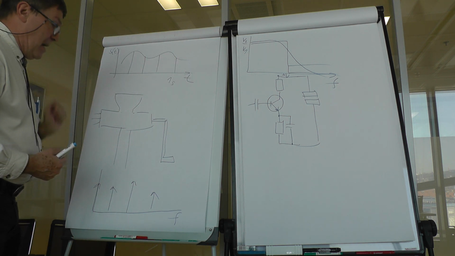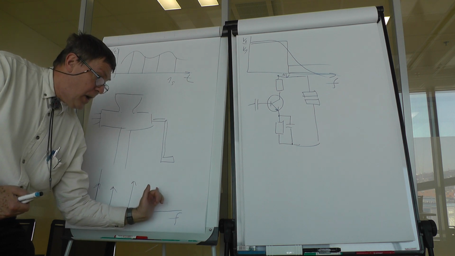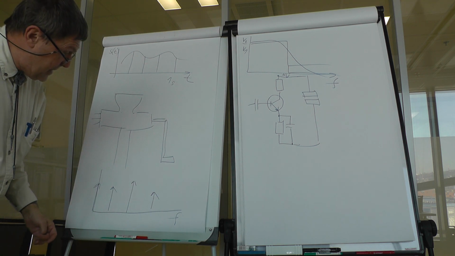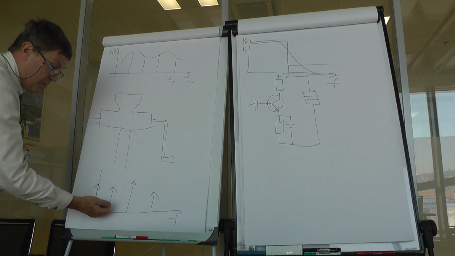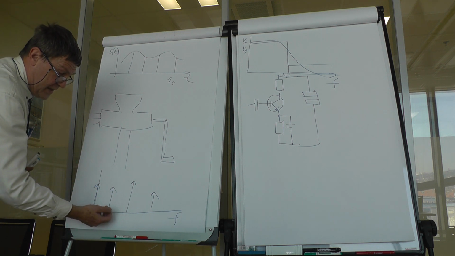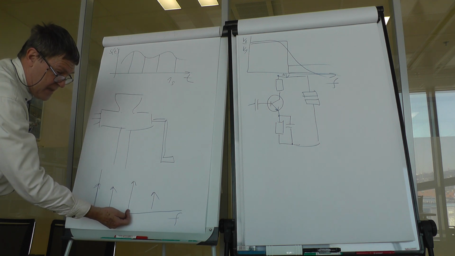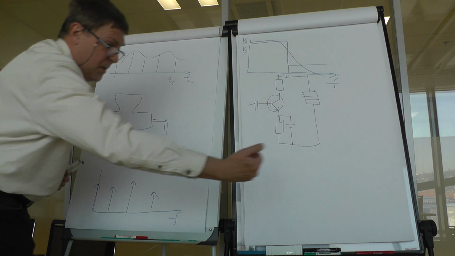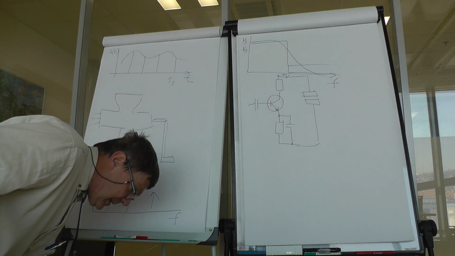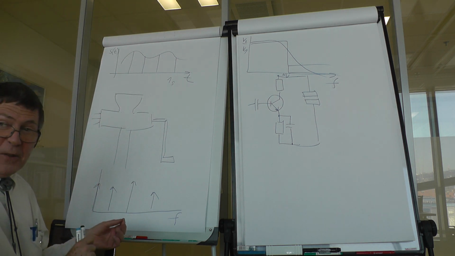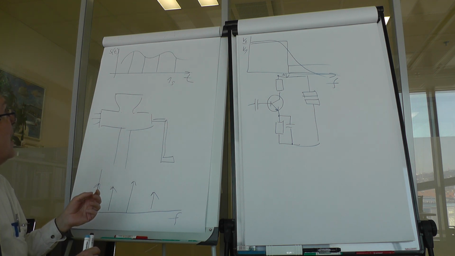Depending on the number of samples, we get the number of higher frequency components, which are then spaced by 1 Hz. So we have F0, 2 times F0, 3 times F0, and so on. So this is something which is expected from the method.